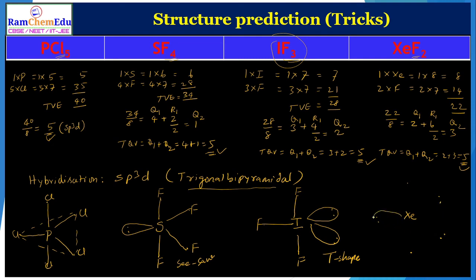Don't forget, the lone pair must be in the equatorial position only in the case of trigonal bipyramidal geometry, right? And the remaining 2 places are the bond pairs. So I can fix the fluorine atoms. If you want to say the structure, you can omit these lone pairs, and the remaining thing, if you see, is linear. So this is the way you have to predict the geometry and structure.